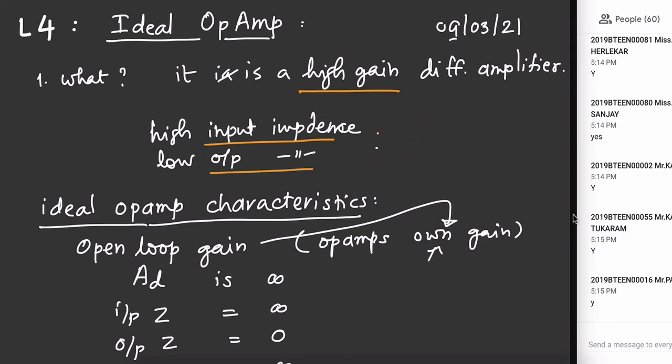We will understand those queries, but if you have this query, you can simply note it and ask later, because the thought process should start from you. Anyway, I have written here high input impedance.